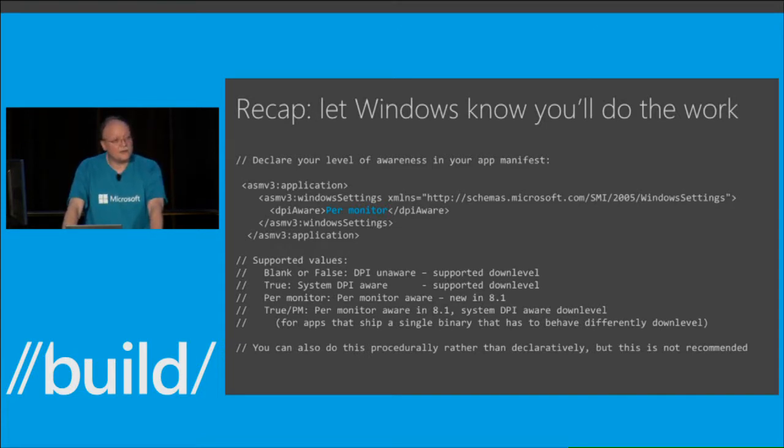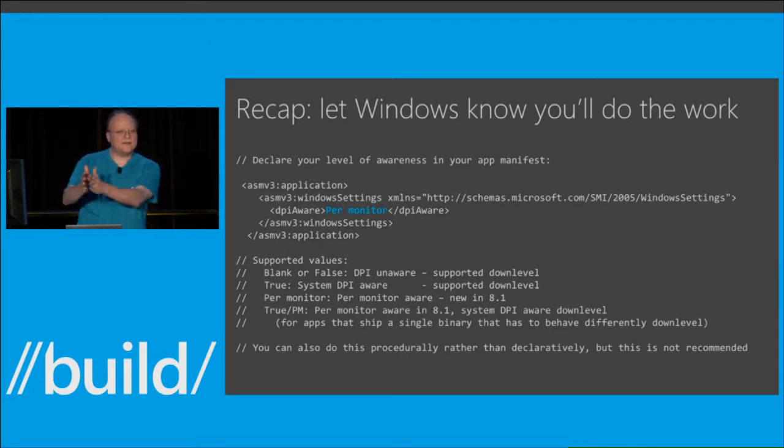Just a word, you can also do this procedurally. There's an API call you can make to set awareness. We don't recommend doing it unless you absolutely have to. I'll show one place where you might have to do it in the course of a later example. The reason basically is that if you do it procedurally, then there's kind of a race condition within the context of your application. You get initialized, and at some point you call us and you tell us, I'm per monitor aware, please.